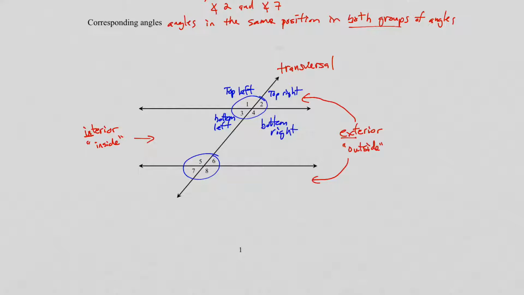So again, group 1, group 2. Some examples of those would be angle 1 and angle 5, angle 4 and angle 8. We could actually get more, but those two examples are enough for now.